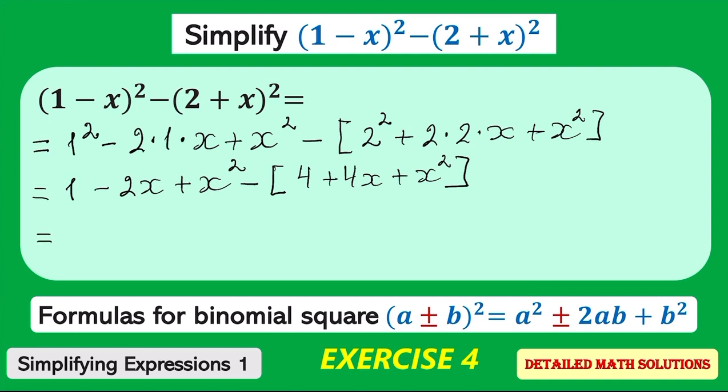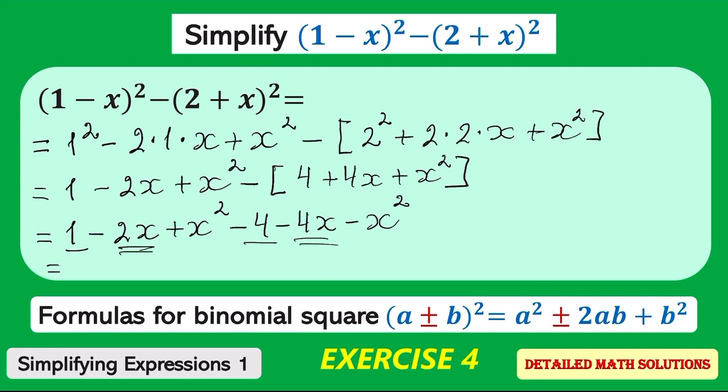Now, the next step, I need to open the parentheses, and the negative sign will flip the sign of each term within the parentheses. So this will equal 1 minus 2x plus x squared minus 4 minus 4x minus x squared. And finally, I can add all like terms.